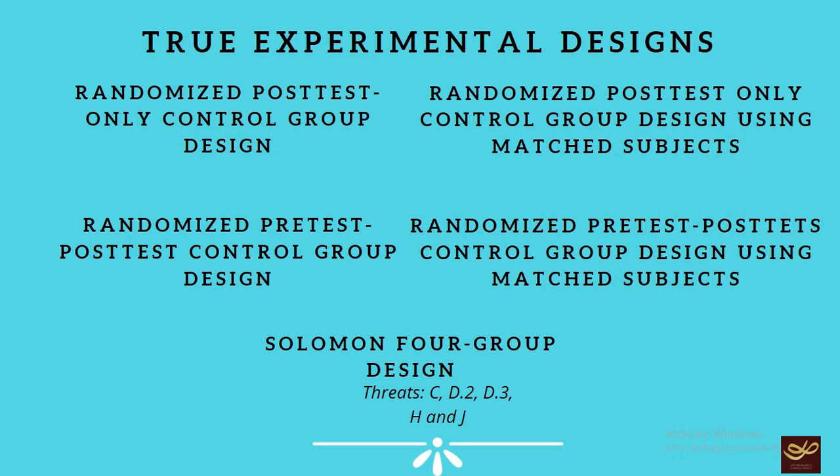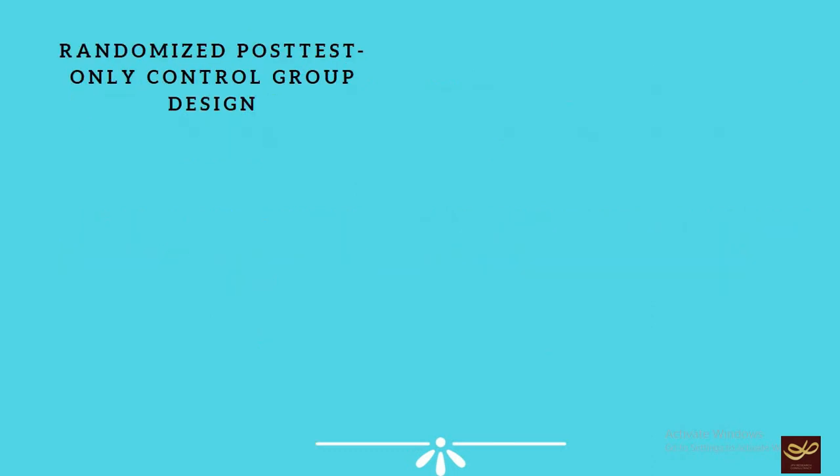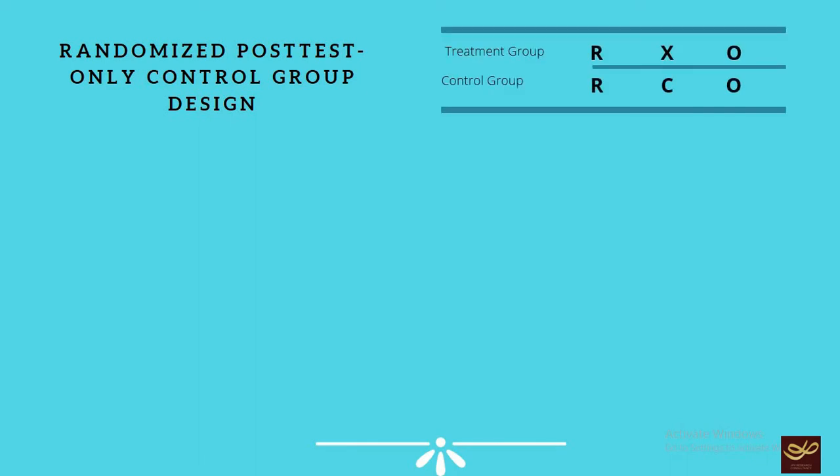So let's go to the randomized post-test only control group design. The symbolism or illustration that is usually used when presenting your designs is shown at the top right corner of your screen.